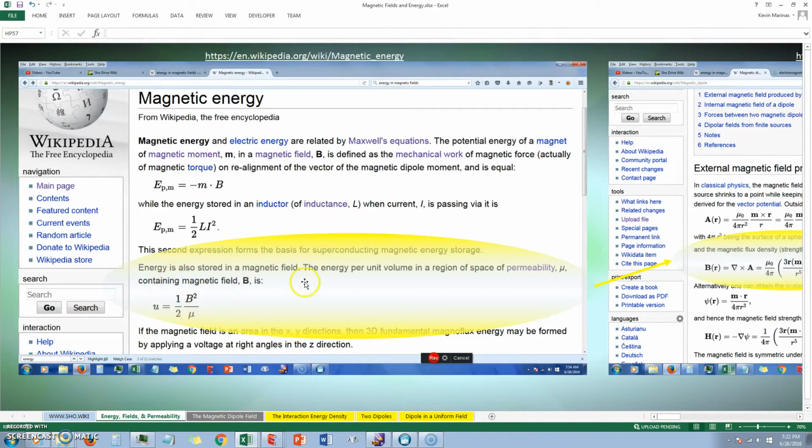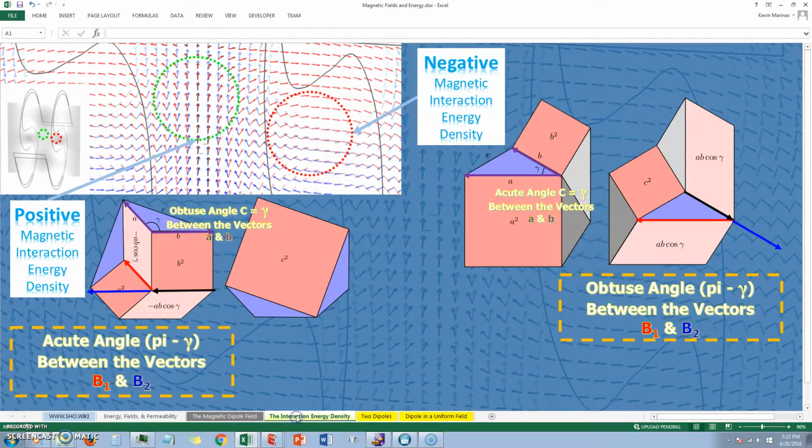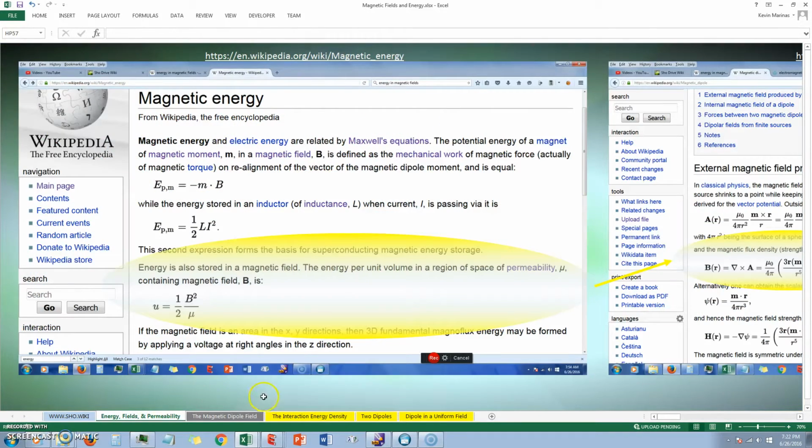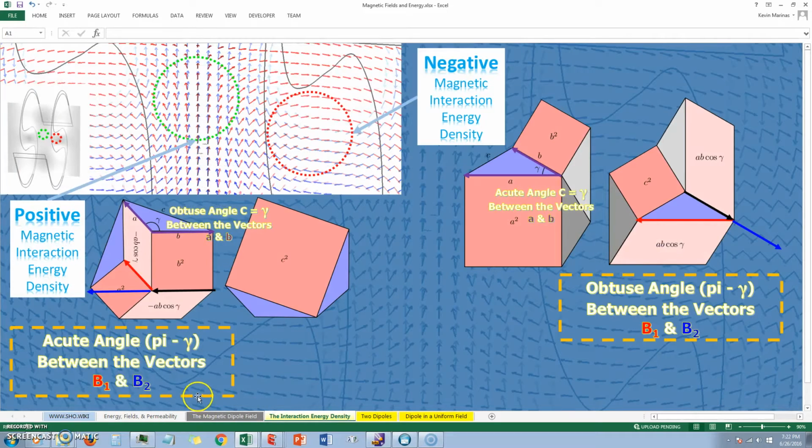So basically, your energy density is proportional to the square of the magnetic field intensity, or your magnetic flux density in this case. That's how you want to call it, because you can use the term magnetic field intensity to refer to a magnetizing field, which is related by a constant to the B field, let's say, in the vacuum.